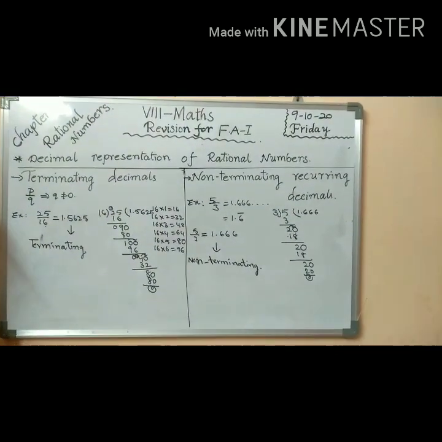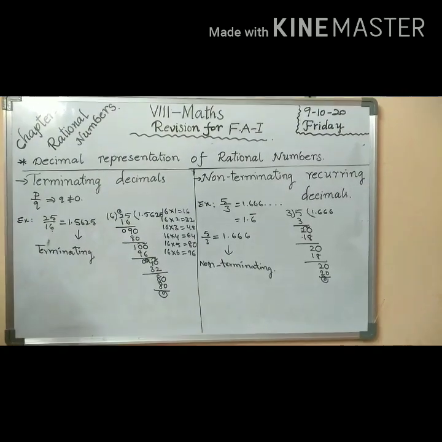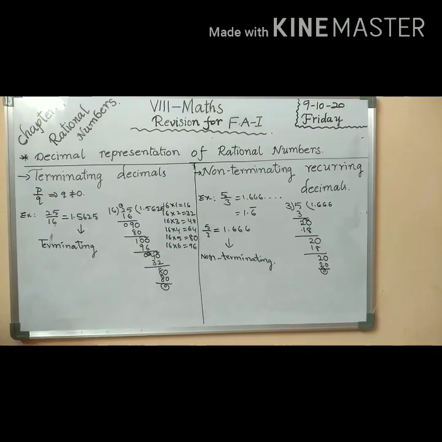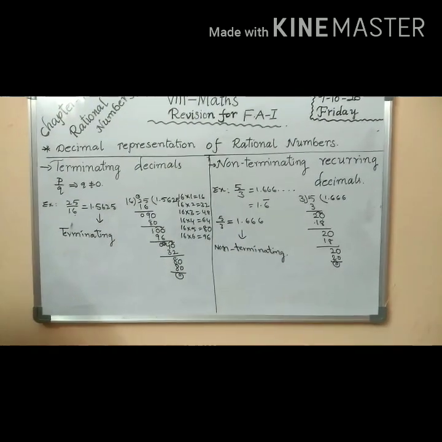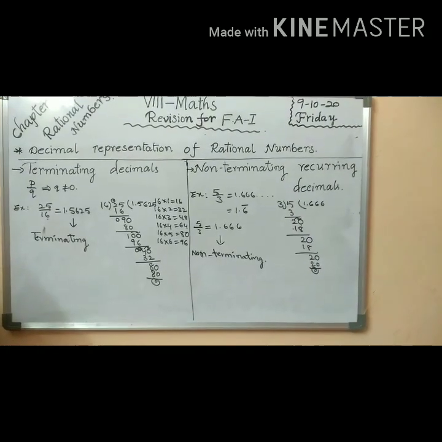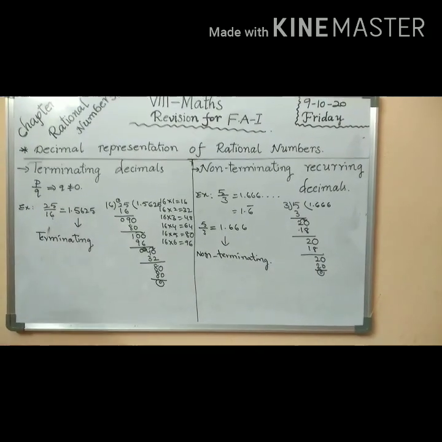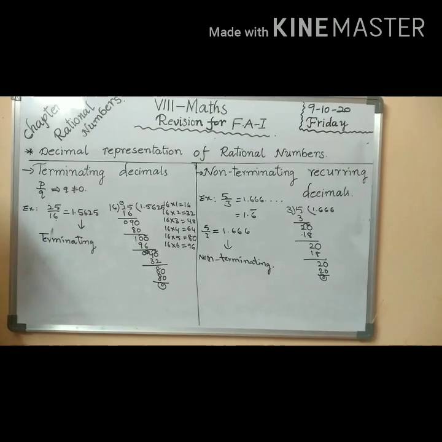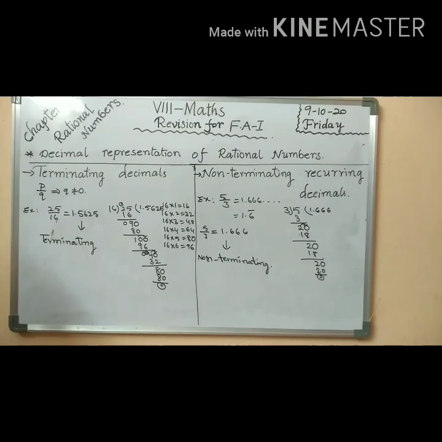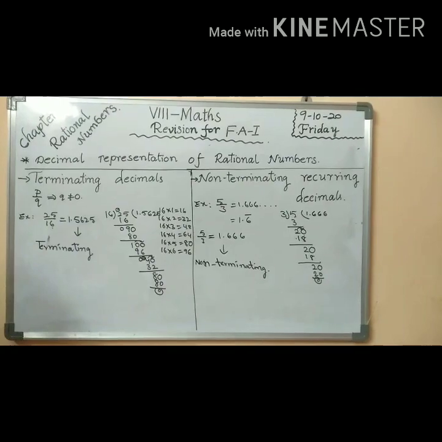Okay, did you understand? The next and last topic is the conversion of decimal numbers into rational numbers. What is the last topic?